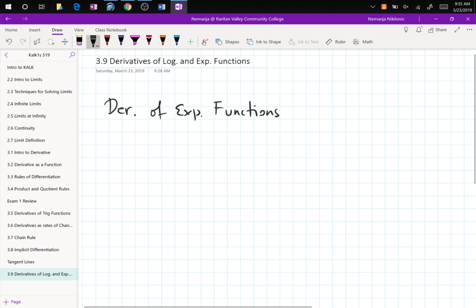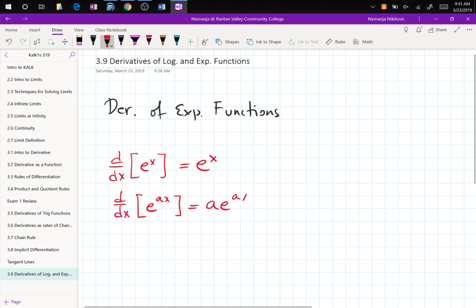So we start with what we already know. You already know that the derivative of e to the x is e to the x. You also know that the derivative of e to the ax is ae to the ax.